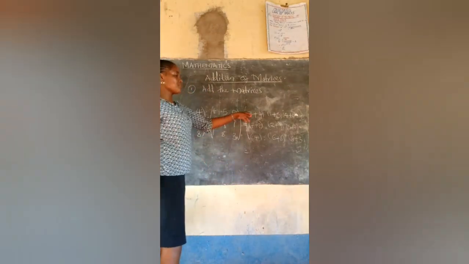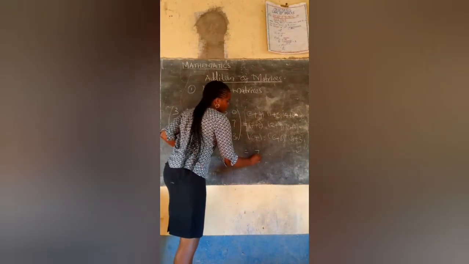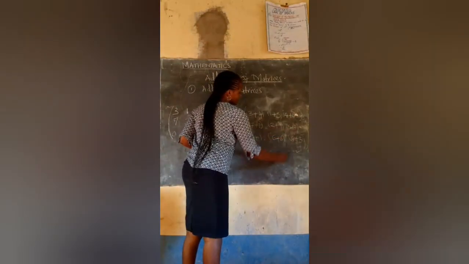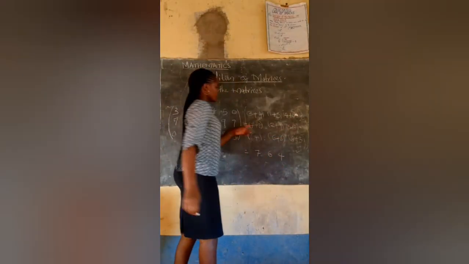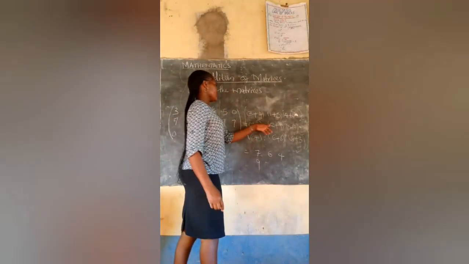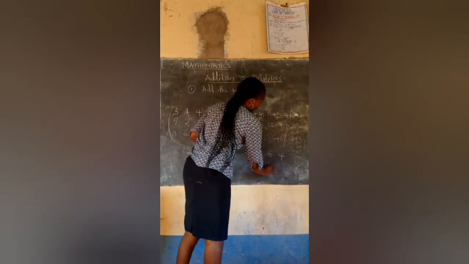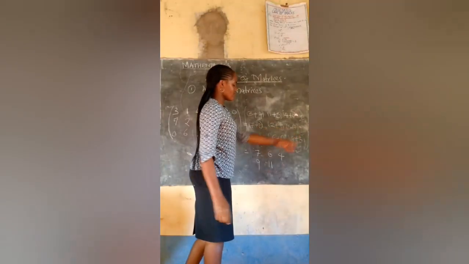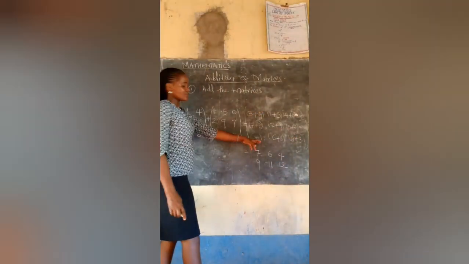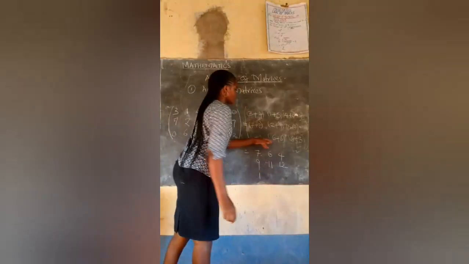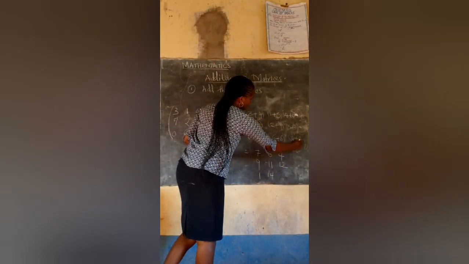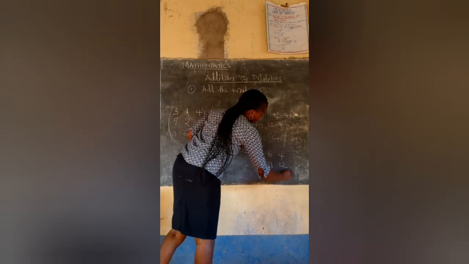This is the same as 3 plus 4, which is 7, 1 plus 5, which is 6, 4 plus 0, which is 4, 7 plus 2, which is 9, 2 plus 9, which is 11, 5 plus 7, which is 12, 0 plus 1, which is 1, 6 plus 8, which is 14, then 8 plus 3, which is 11.